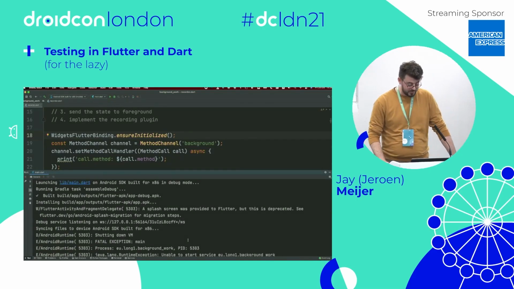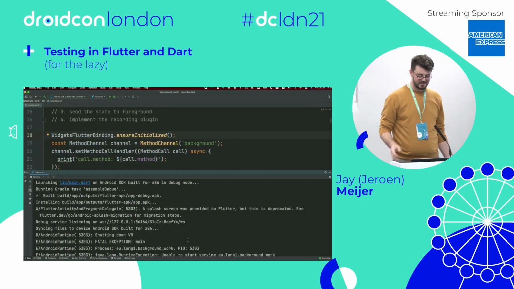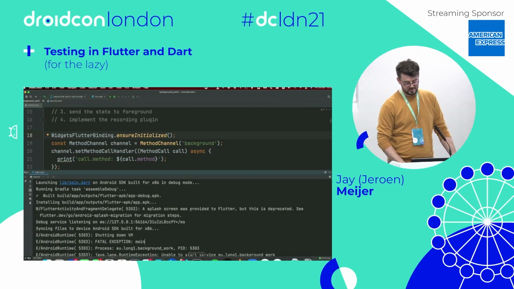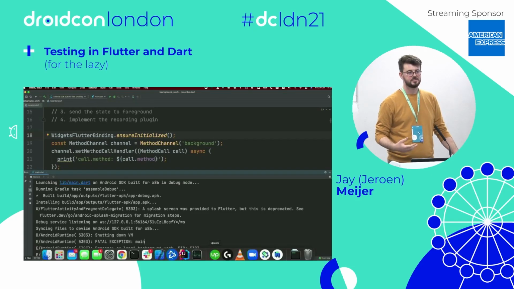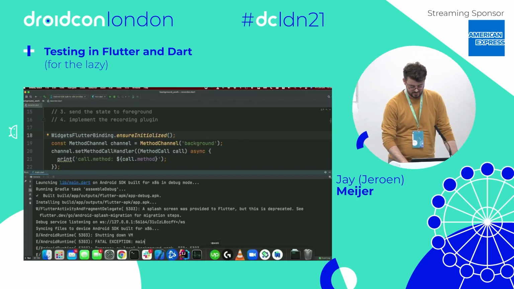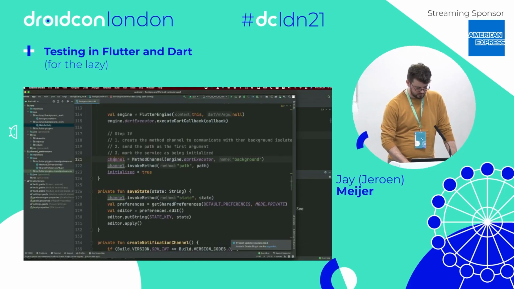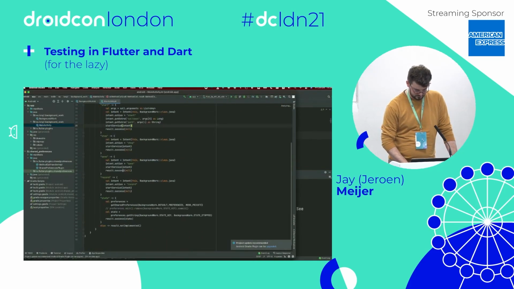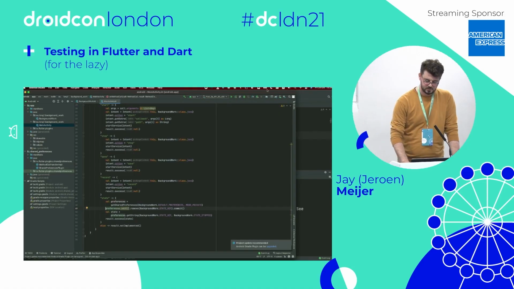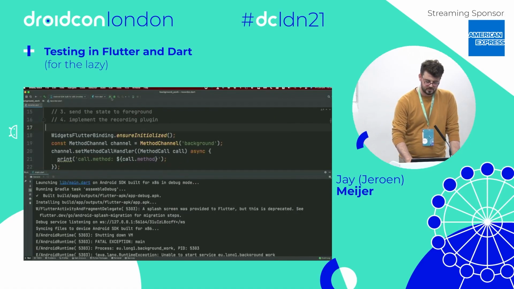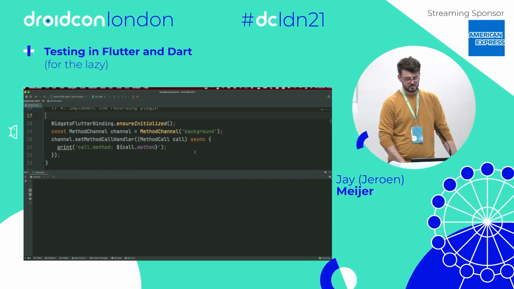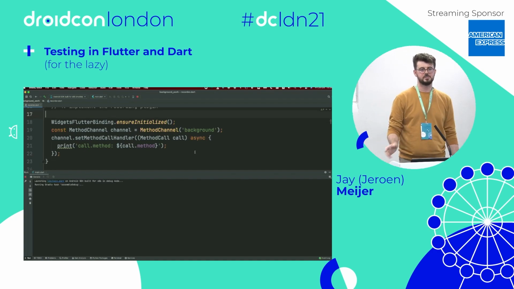Good. So what happened now is that we actually saved the state that was previously there, that the service is started, but it was not actually started. So that's why we need to do some small changes here. I'm actually using shared preferences to make sure that the state in which the recorder is persisted.